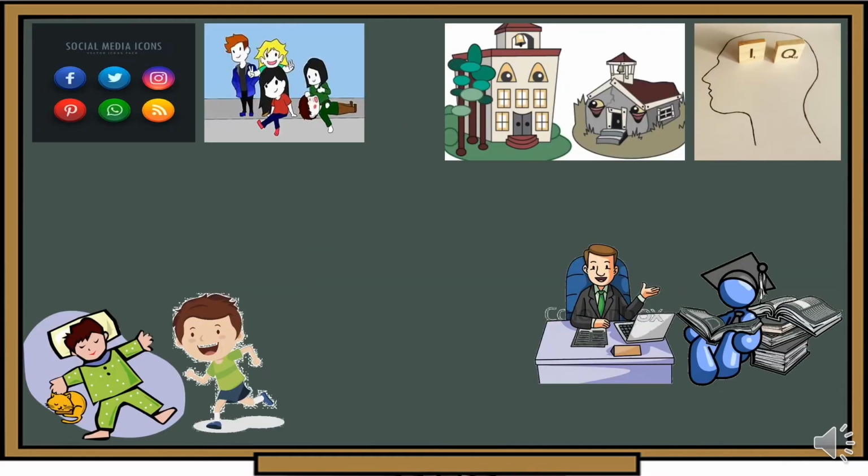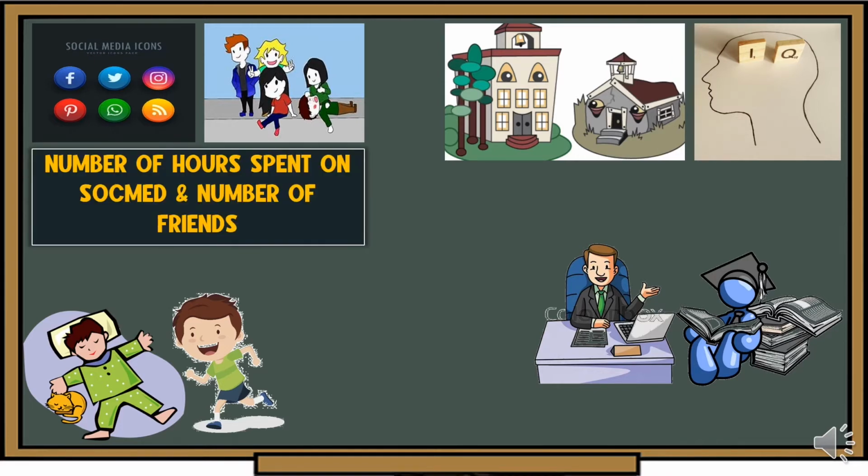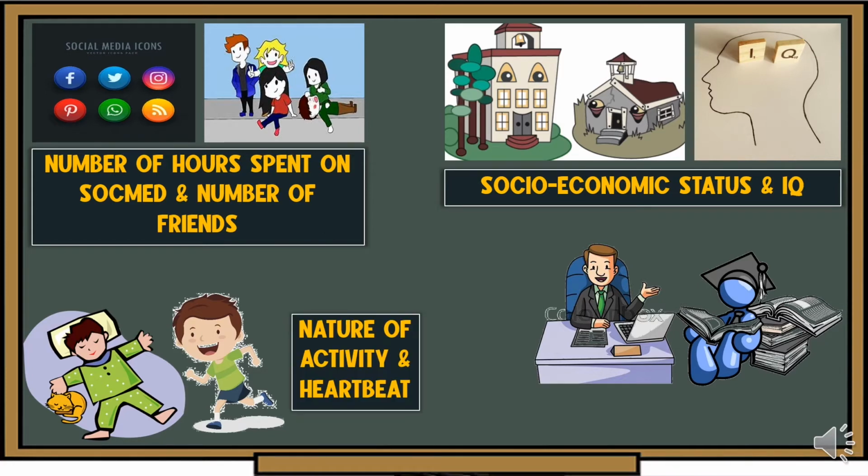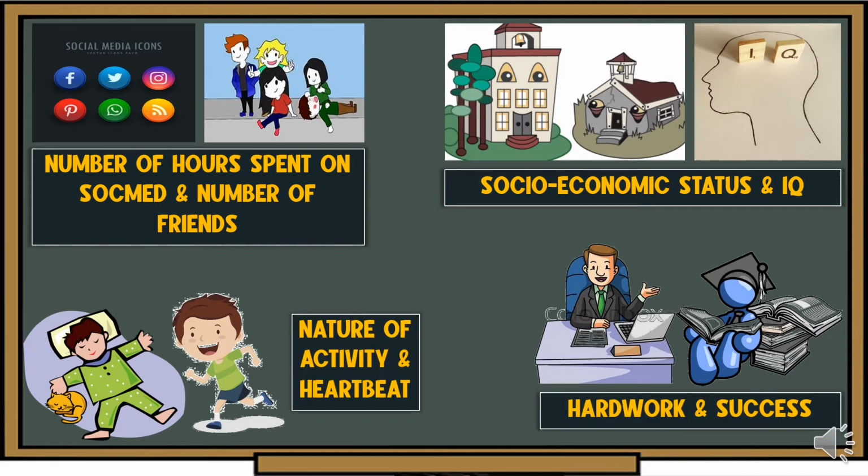Let's begin by examining some related quantities in very familiar situations. We have number of hours spent on social media and number of friends, socioeconomic status and IQ, nature of activity and heartbeat, and hard work and success.